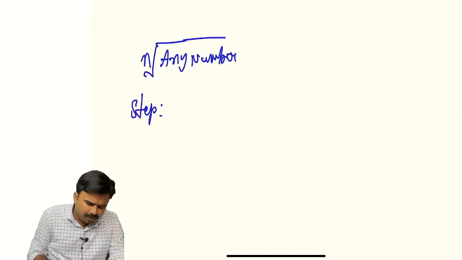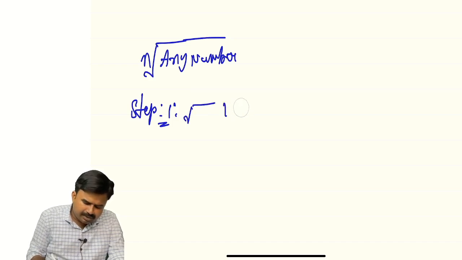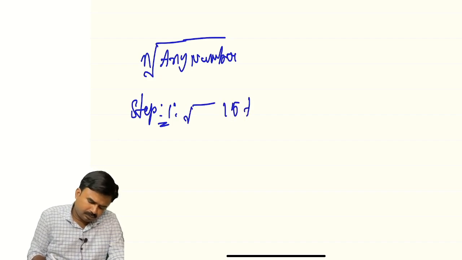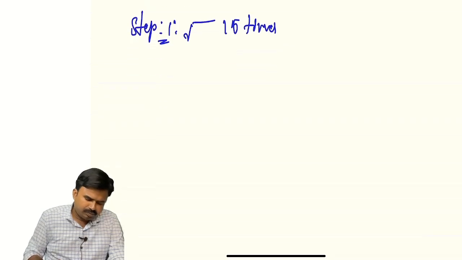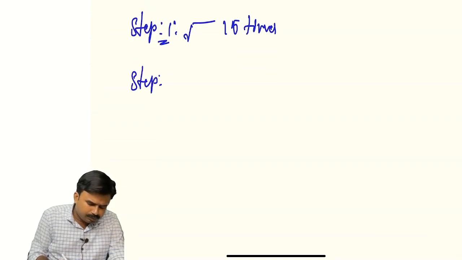Take that number from the nth root and apply square root 15 times. Step 2: Step 1 minus 1.